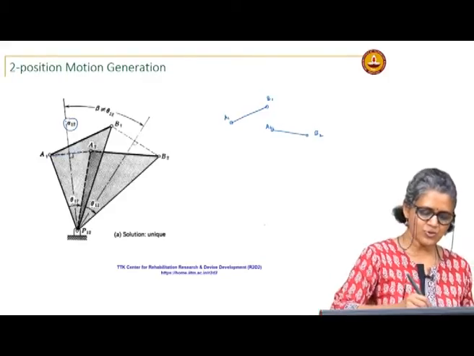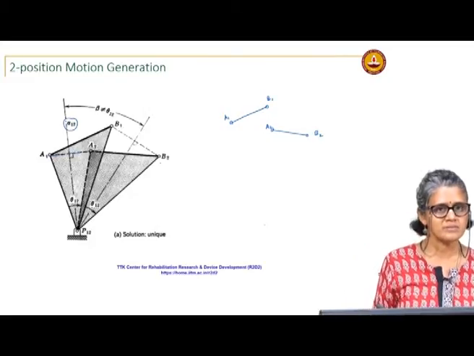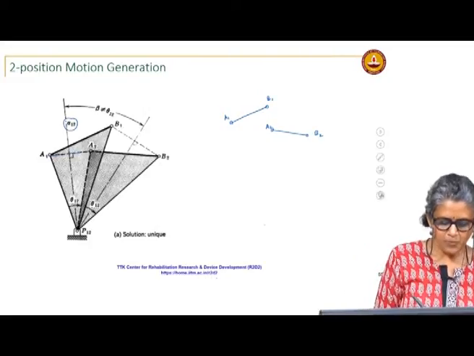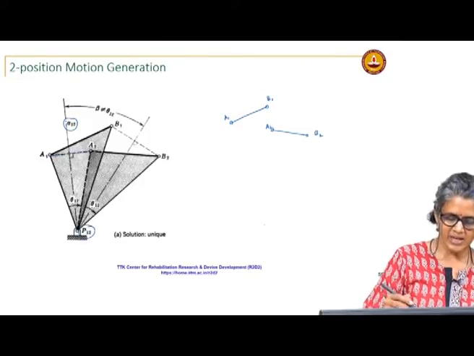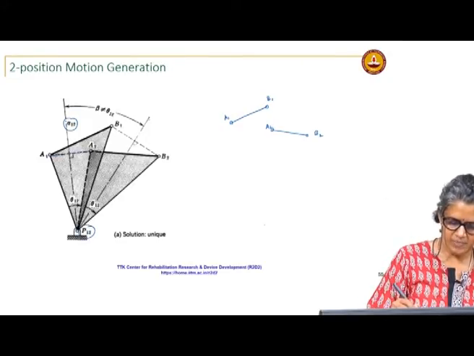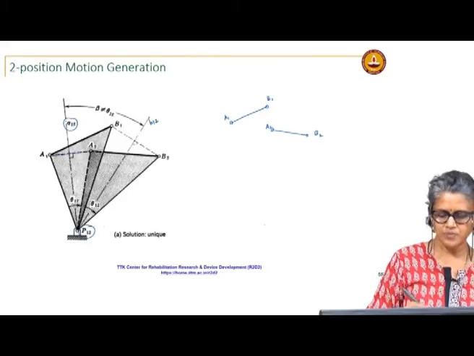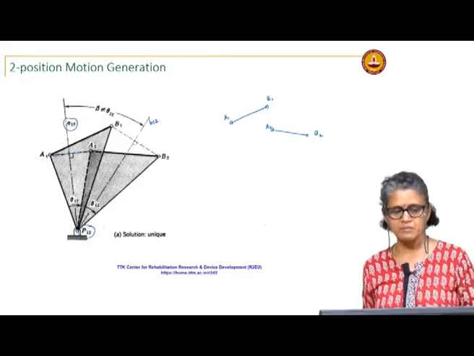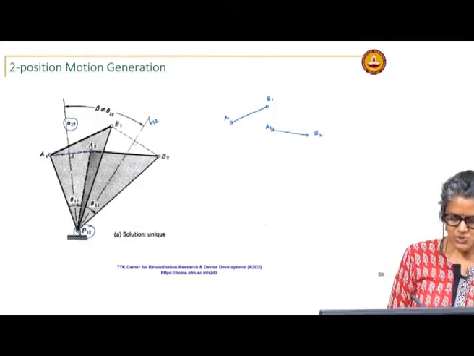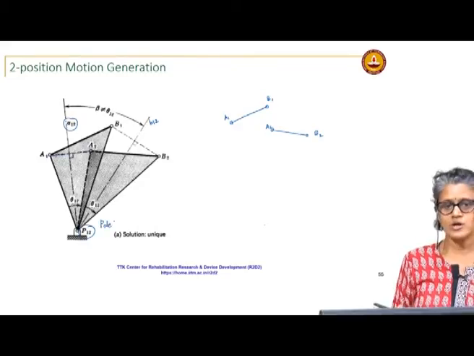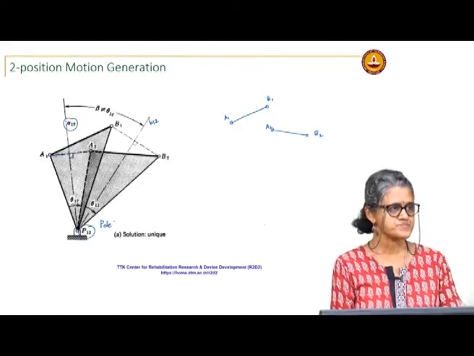Similarly, I do that for B1 and B2, and this is B12, the perpendicular bisector of B1 and B2. The point at which these 2 intersect is called the pole for these 2 positions.